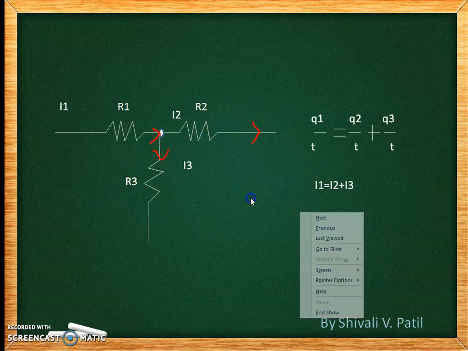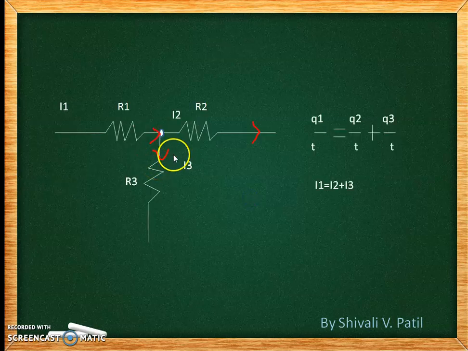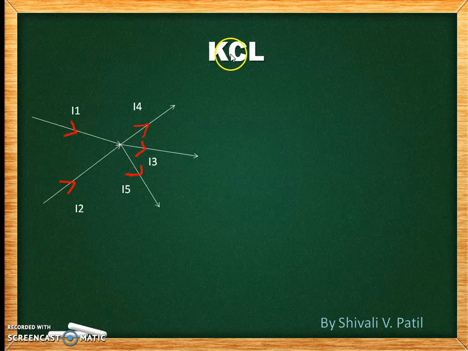So here, incoming current is equal to outgoing currents. Now, we will discuss the statement of KCL. Here, consider one point or one junction P. At junction P, there are 5 conductors: 1, 2, 3, 4 and 5.